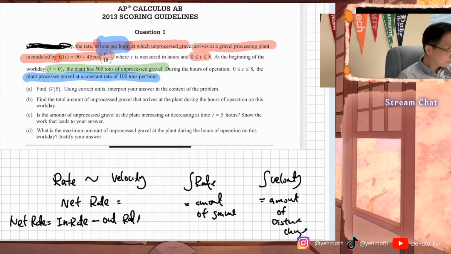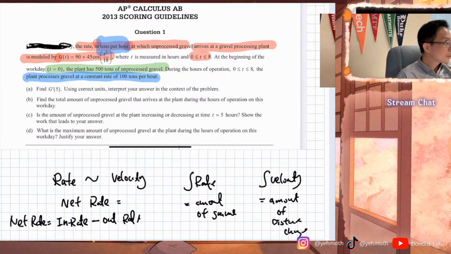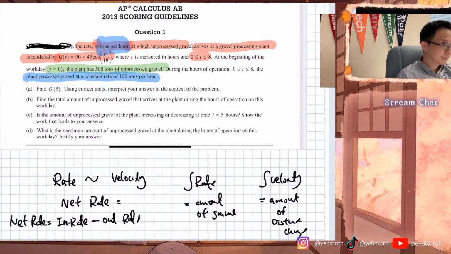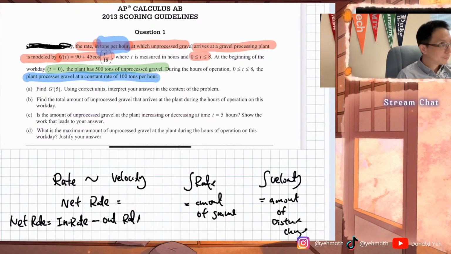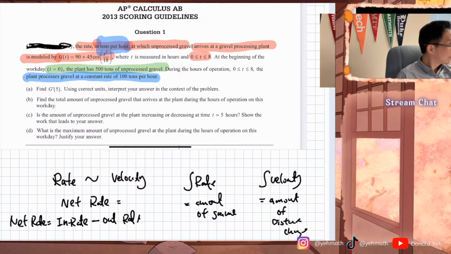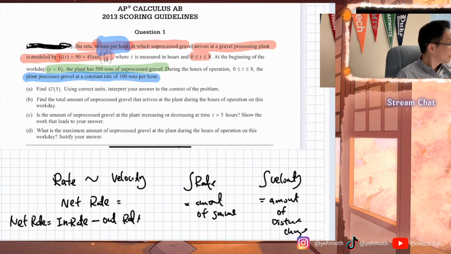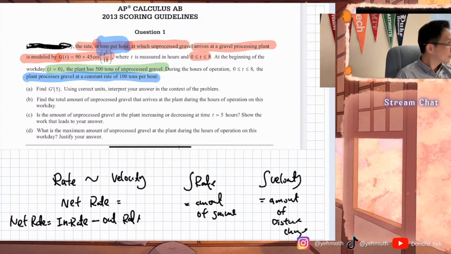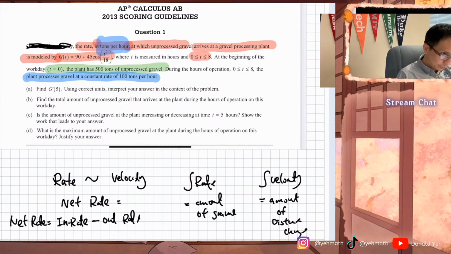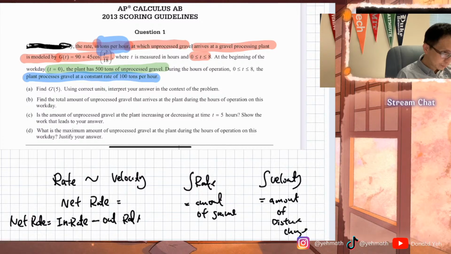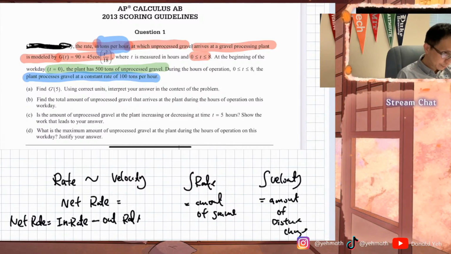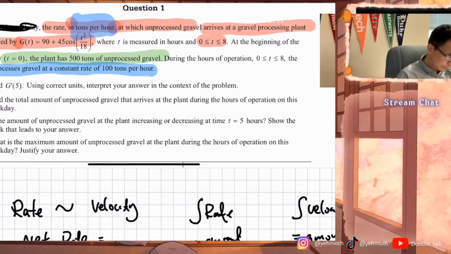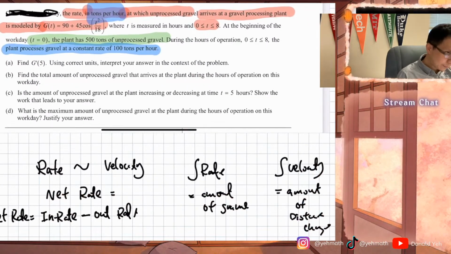So what did you guys get? Still writing the problem. I don't think it's right either. Yeah, you gotta take the derivative of it and then plug it in. Oh, I see. Pretty much minus 45.